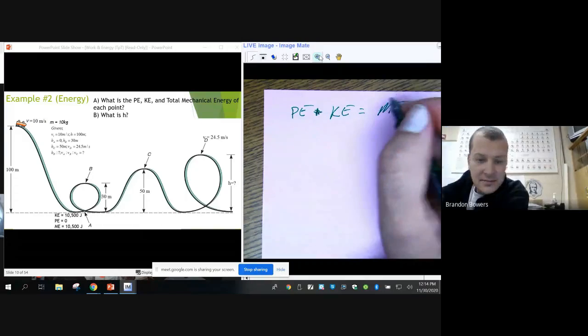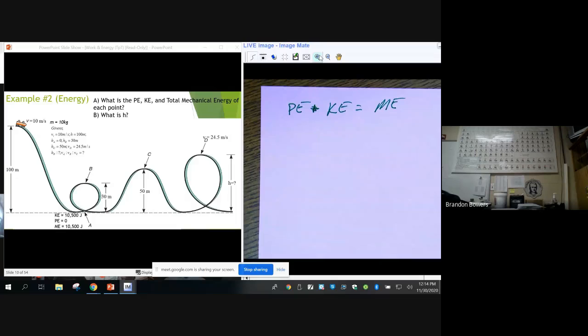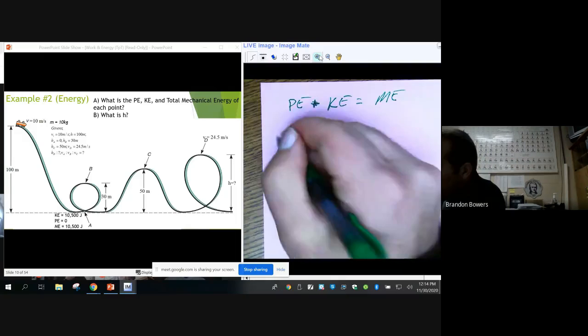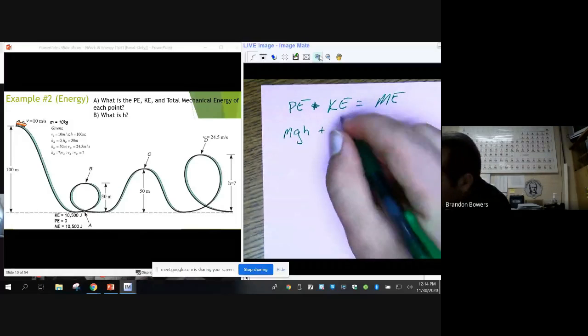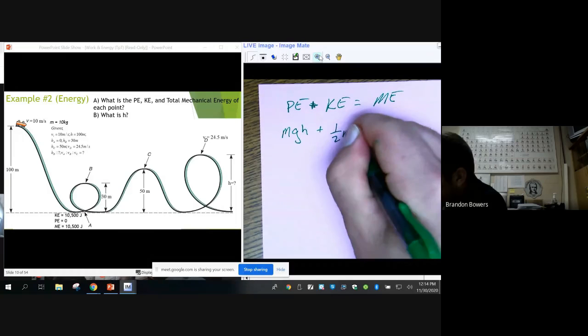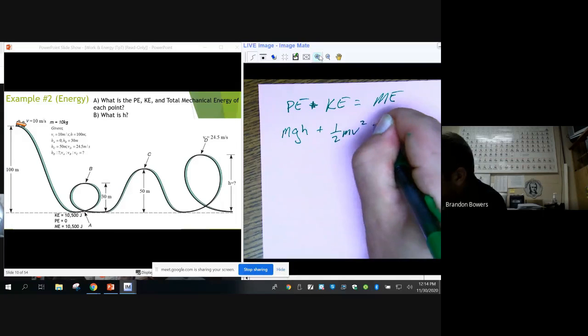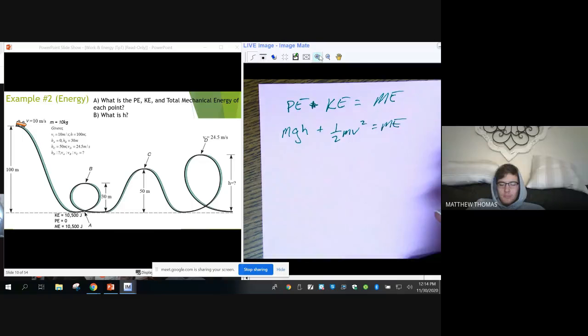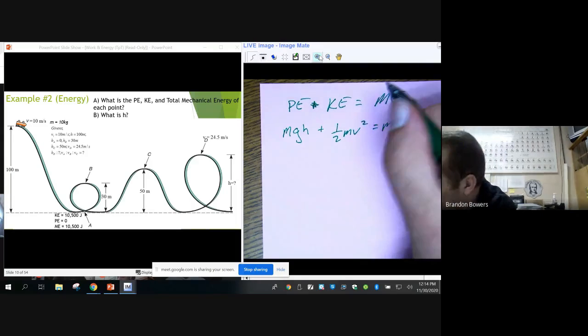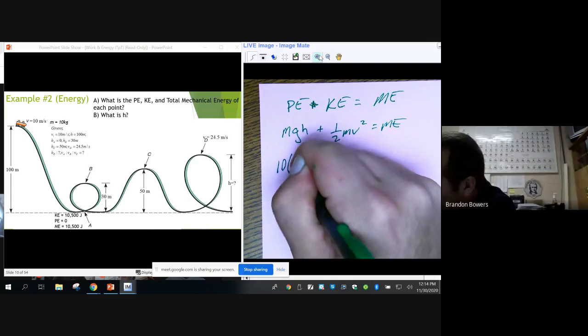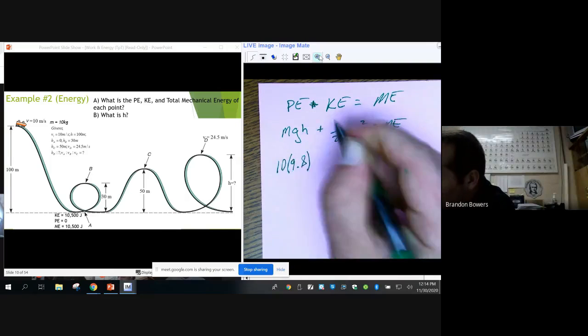So once again, potential energy, mass times gravity times height, plus the kinetic energy, which is half the mass times velocity squared, is equal to mechanical energy. The mass is 10 kilograms. So I have 10 times 9.8, which is gravity, times the height.